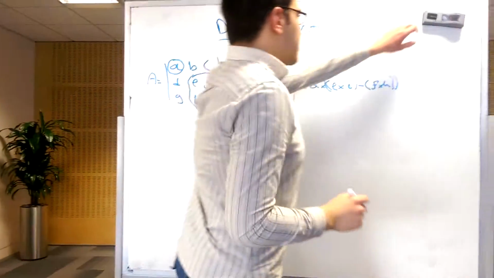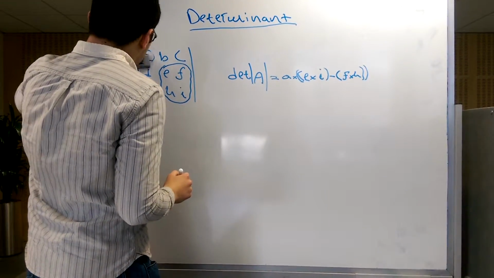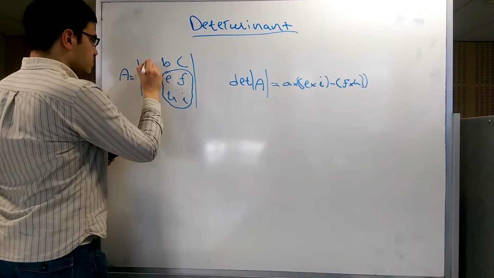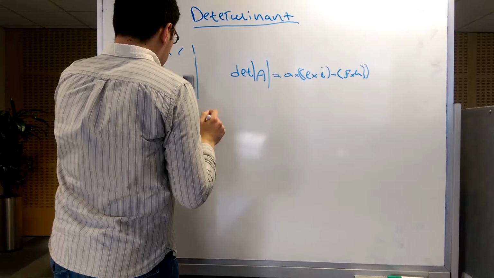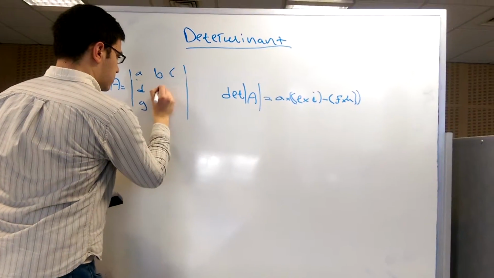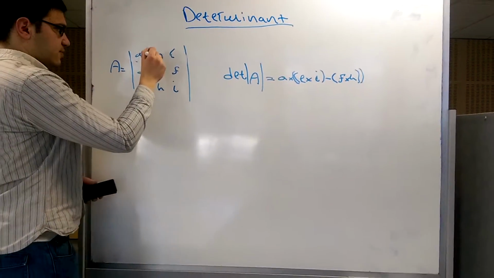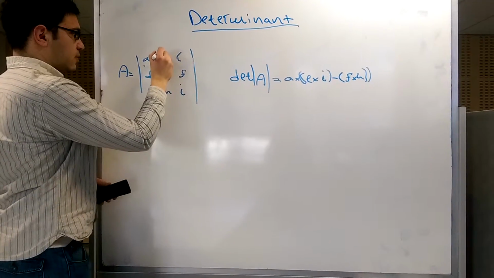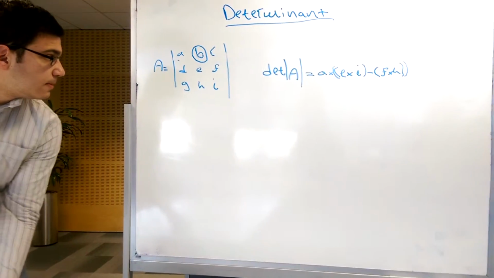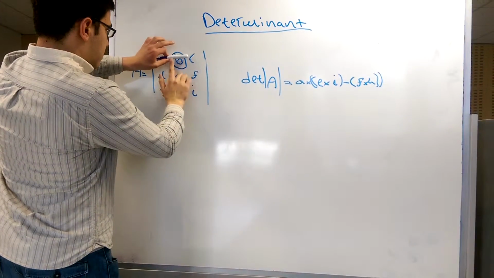Now to calculate the next element, next you have to subtract the B from the row and column.